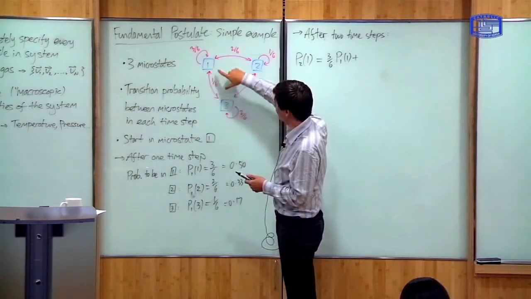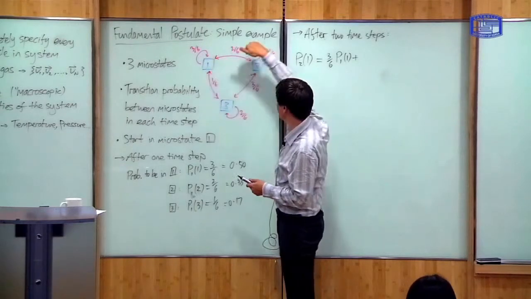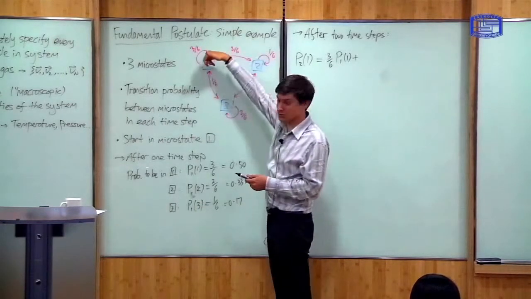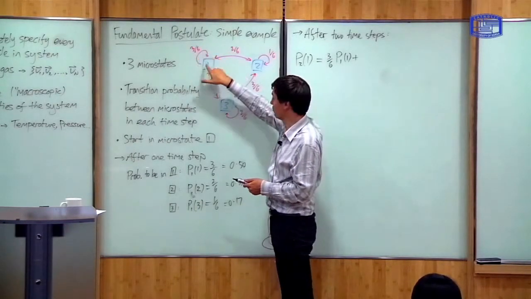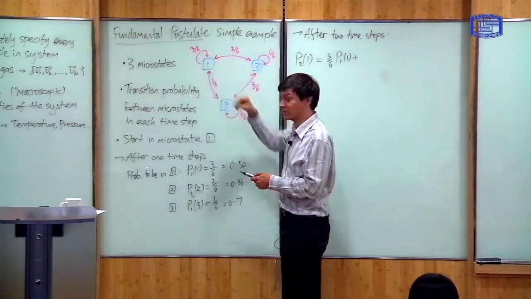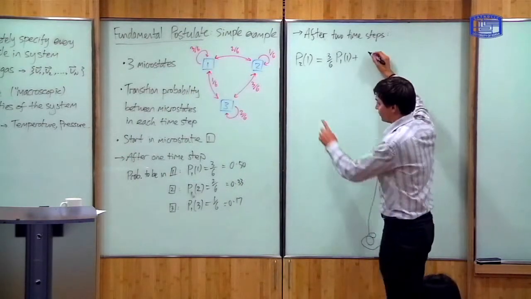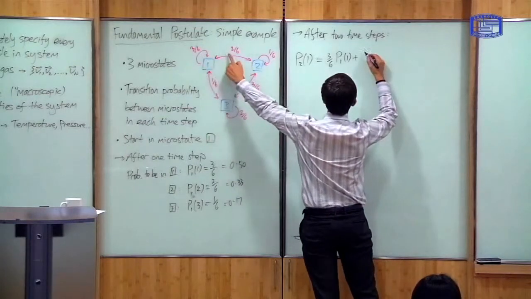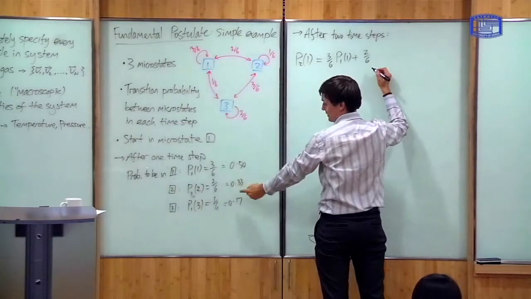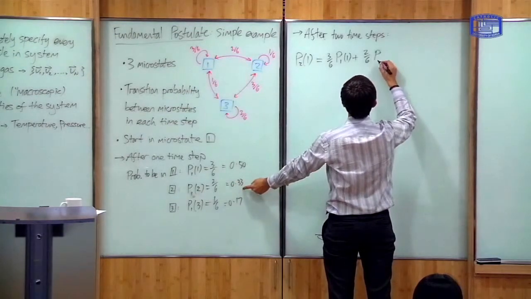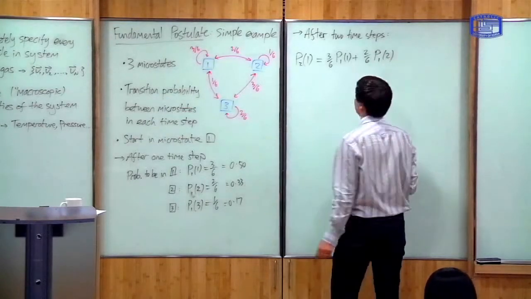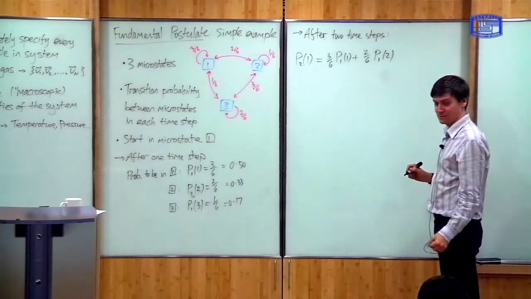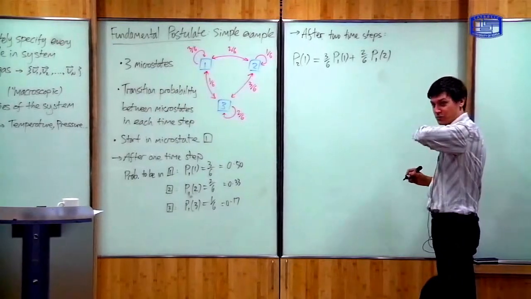But also, I could have started in 1, then gone to 2, and then gone back to 1. So I could have gone 1 to 2 to 1. The probability of going from 2 to 1 is 2/6. The probability that I was in 2 is P1,2. So this is the probability of going from 1 to 2 to 1.